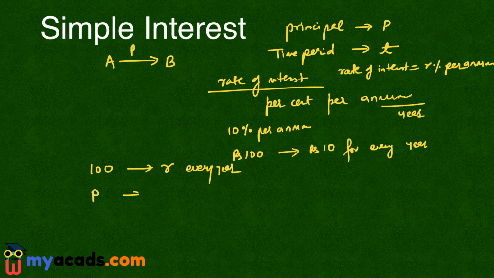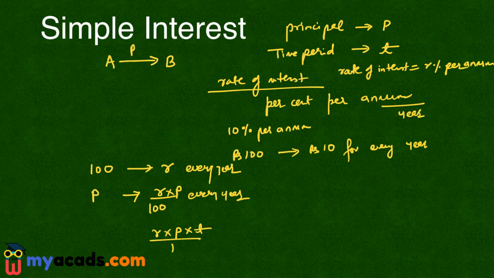So every year I have to pay R by 100 into P. Now since I have borrowed this for T years, for T years I will pay R into P into T upon 100. So this is the formula for simple interest.